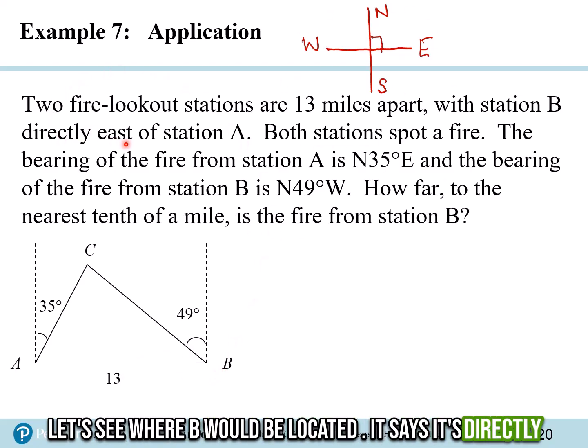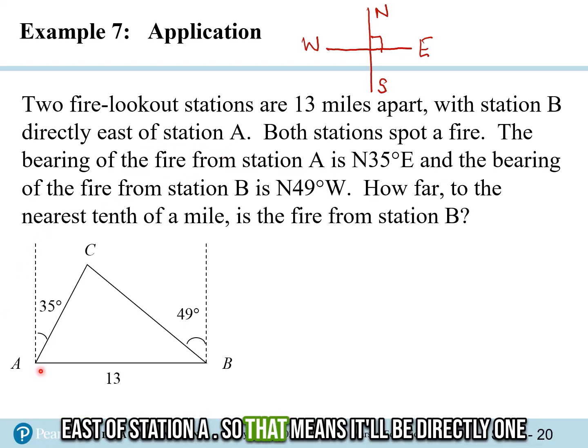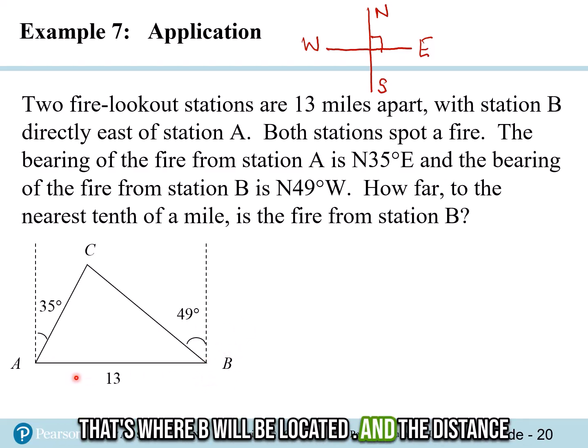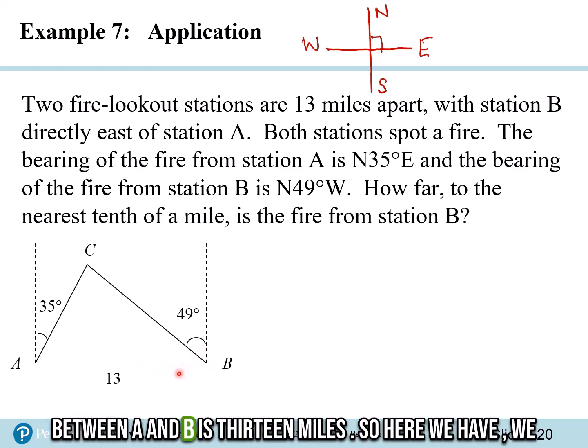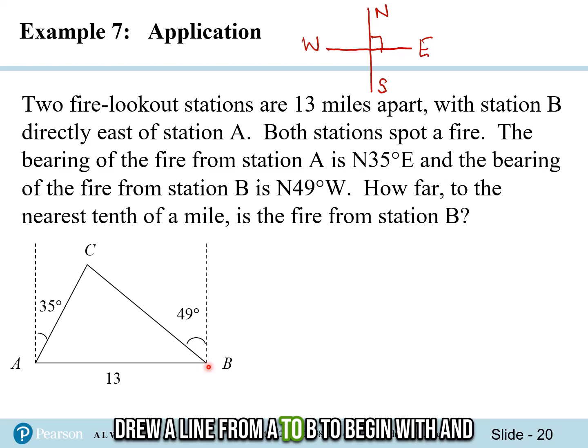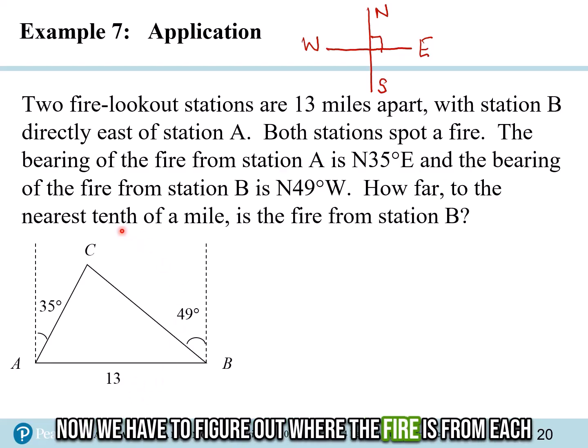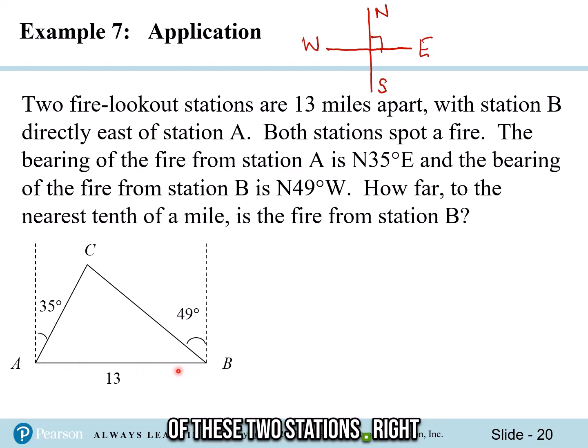It says it's directly east of station A, so that means it'll be directly to the right of station A. That's where B will be located, and the distance between A and B is 13 miles. So here we drew a line from A to B to begin with, and we marked the distance as 13 miles, right? And now we have to figure out where the fire is from each of these two stations, right?